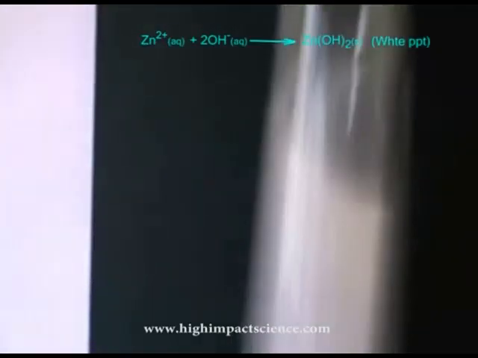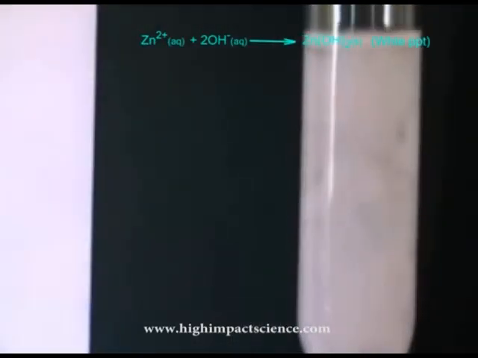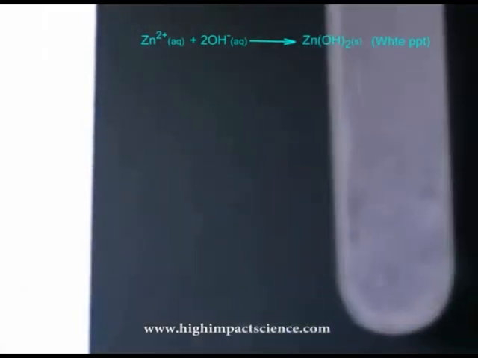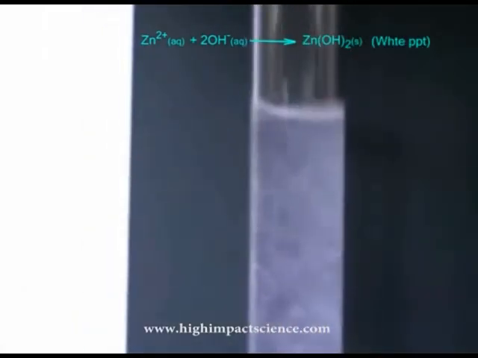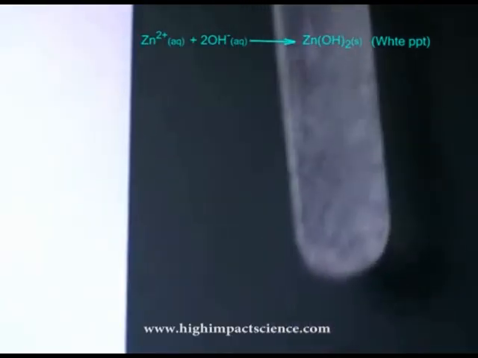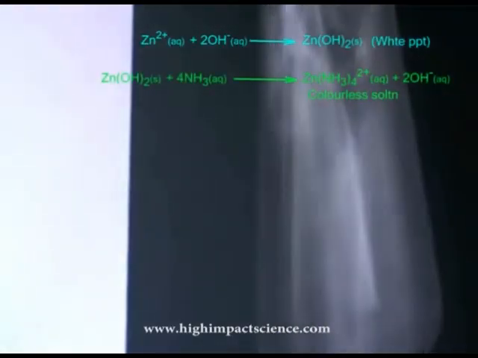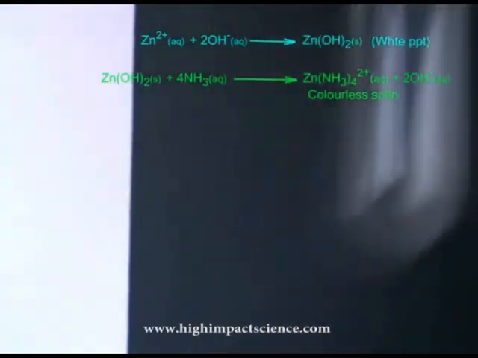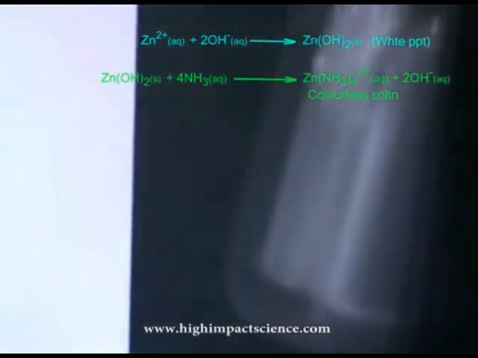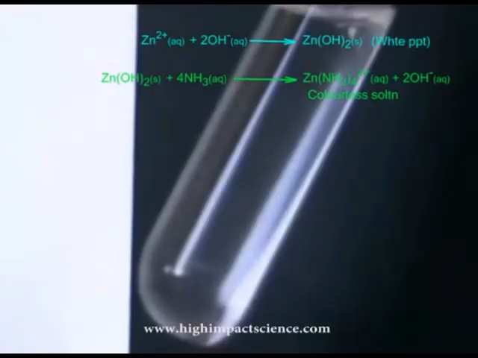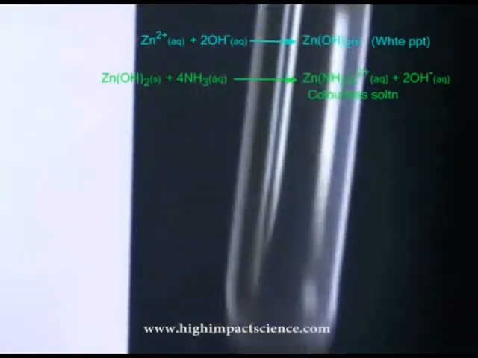So let us add more ammonia solution, and the precipitate has started disappearing. We expect a clear, colorless solution, and that's what it looks like we are going to get. Yes, the precipitate has disappeared. It has dissolved in excess ammonia.